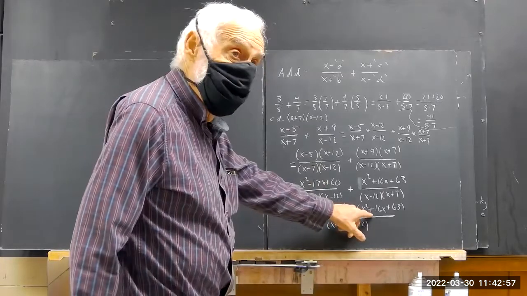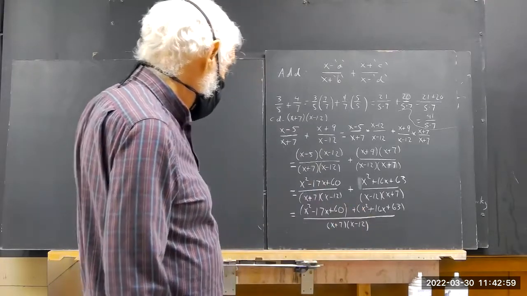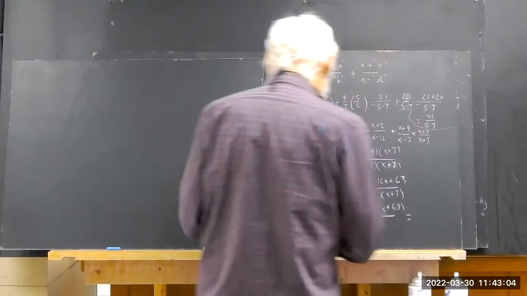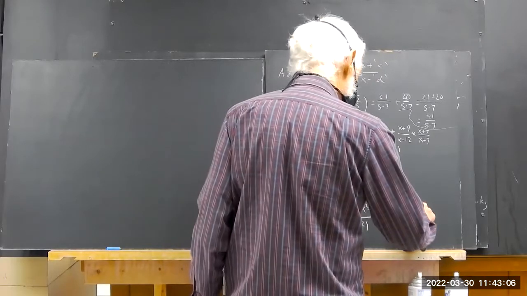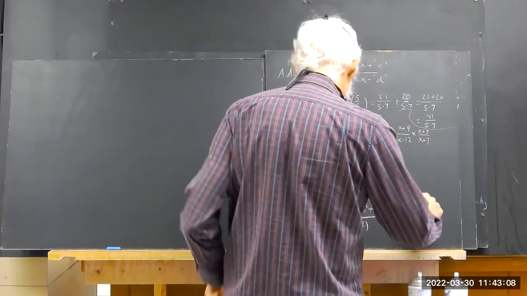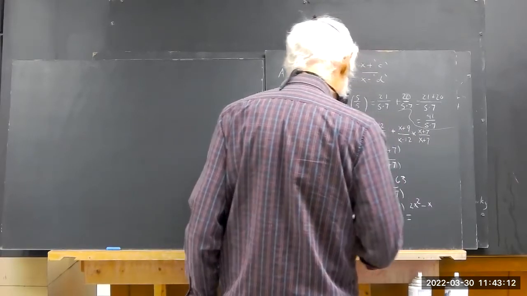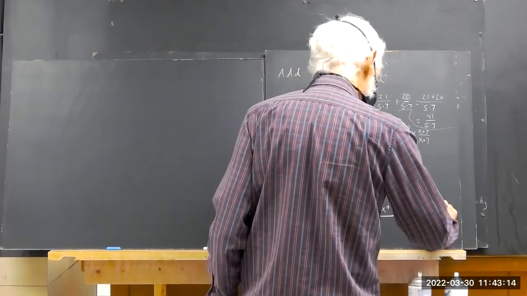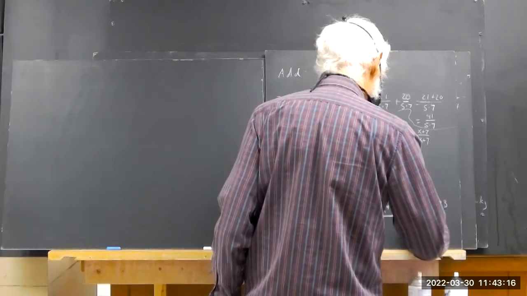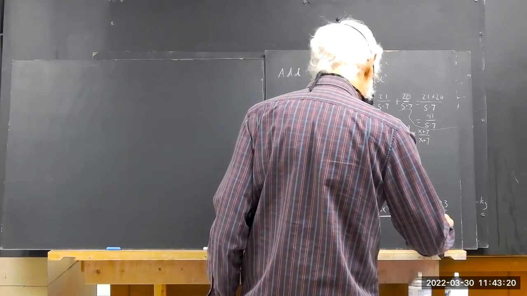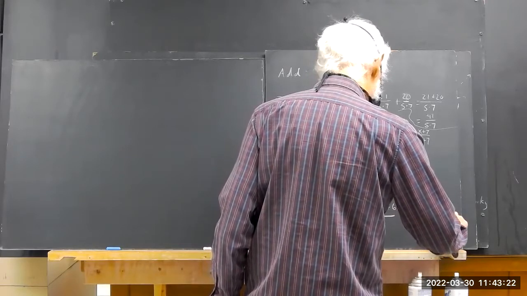Now we can add these, and everybody I think knows how to do that. x squared plus x squared is 2x squared. Negative 17x and 16x is minus x. And 60 plus 63 is 123. And we divide that by x plus 7 times x minus 12.